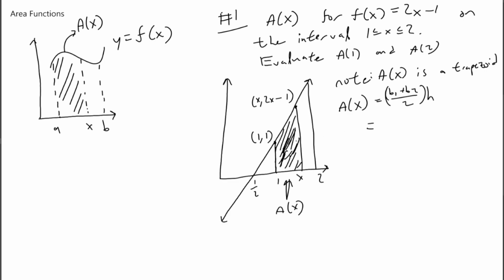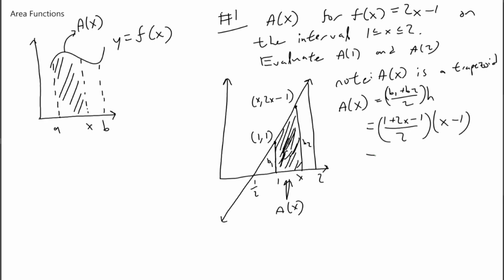Let's treat this side here as base 1 and this side here as base 2. We're going to get (1 plus 2x minus 1) over 2 times the height, which is the difference here, which we denote as x minus 1, right?